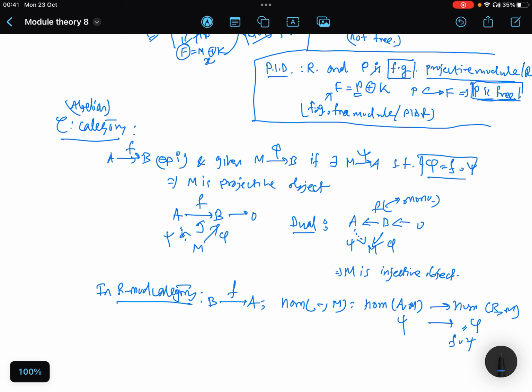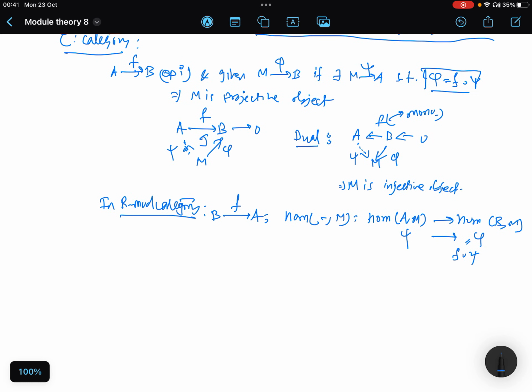Now let's look at some examples of injective modules. Or maybe I should talk about them in the next video, because it's not very easy to find injective modules in general. For that we need the well-known Baer's criterion.